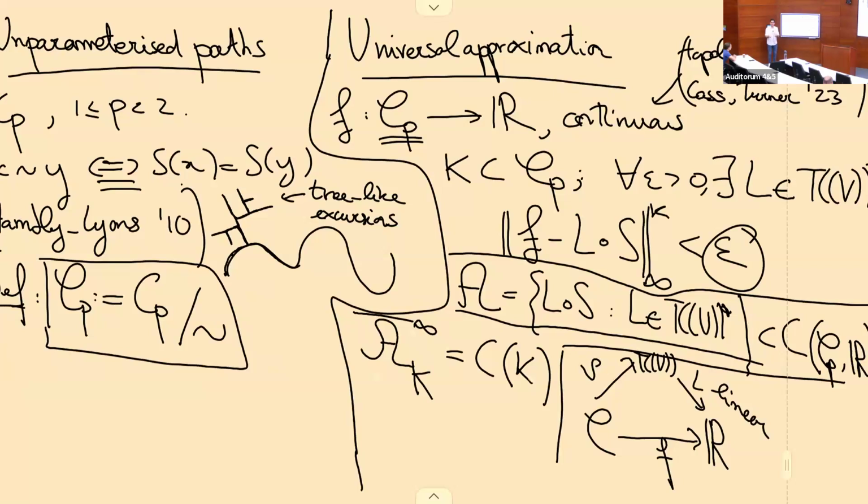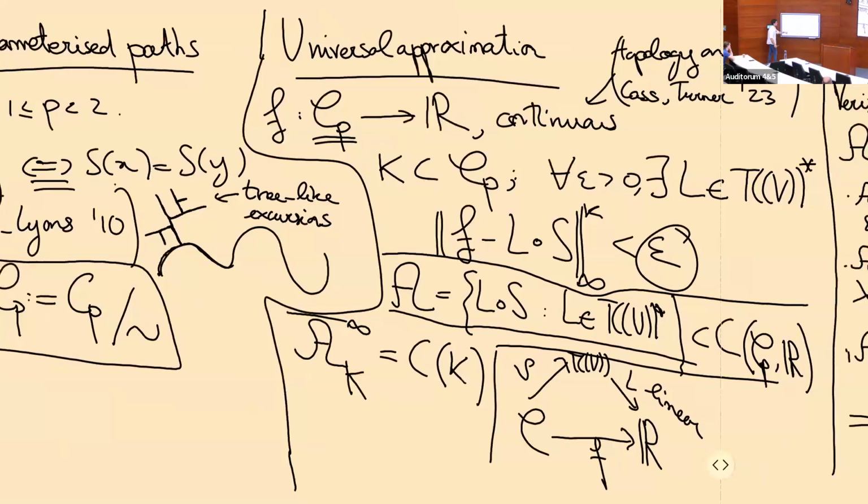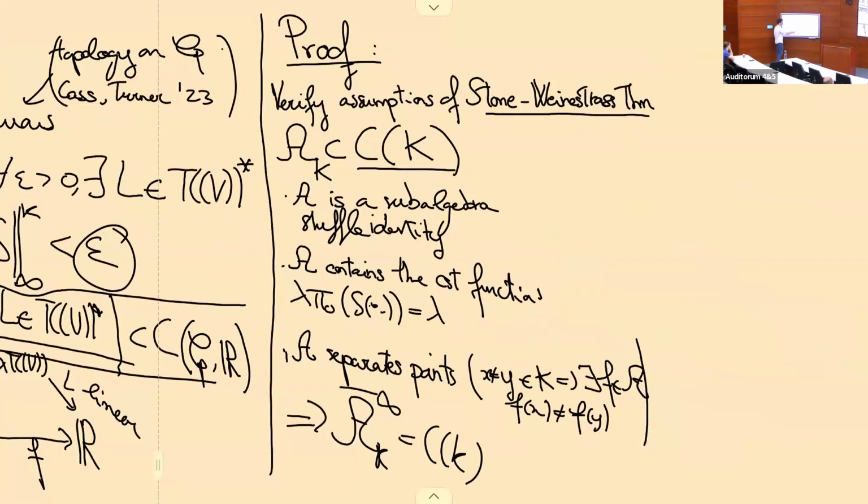If you're interested in functions that act on paths with one monotone coordinate, so with time, then this theorem holds without all this unparameterized business. The rest of the proof is the same, and the point separation property holds for the same reason. So an alternative version of this theorem: if you want to approximate a function on time-augmented paths, you can do this procedure, and the theorem would still hold.